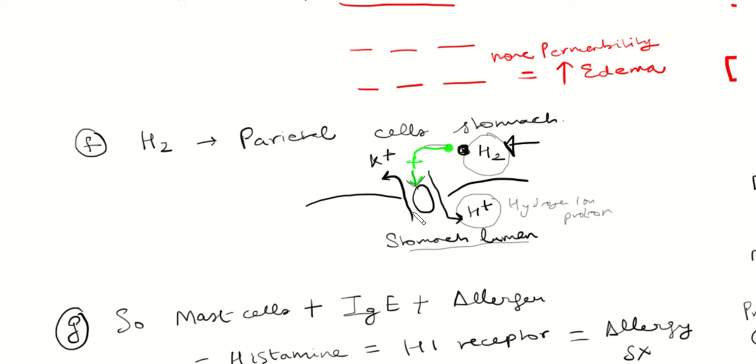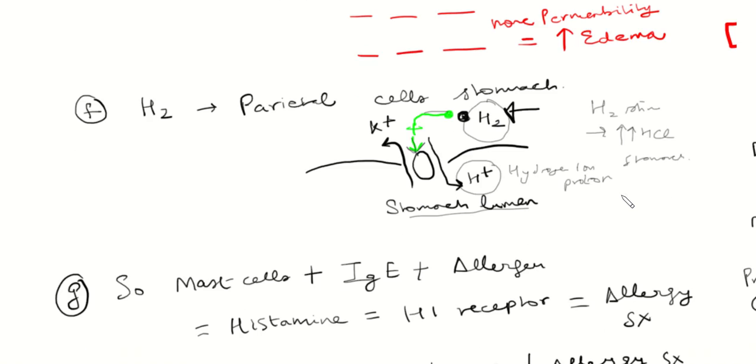Because it's positively charged, it takes in one potassium ion so that the charges are balanced out. This pump, which pumps the hydrogen ion or proton into the stomach lumen, is the proton pump. The role of the H2 receptor is that it has a positive effect on this mechanism. H2 stimulation causes an increase in hydrochloric acid in the stomach. Okay, so that's the physiology for the H2 receptor.